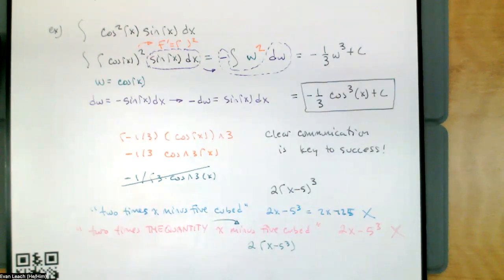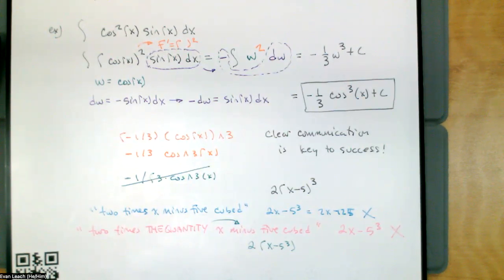Any questions? Yes. So this would be 2 times the cube of the difference between x and 5. Two times the cube, so it's 2 times the cube of something. The cube of what? The difference between x and 5.